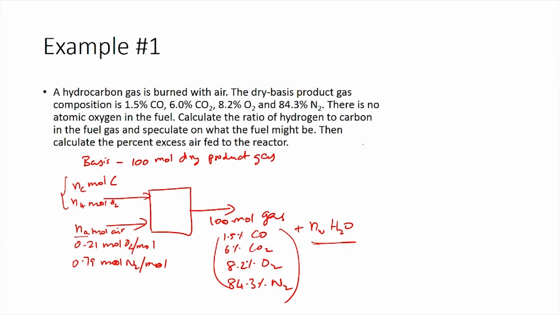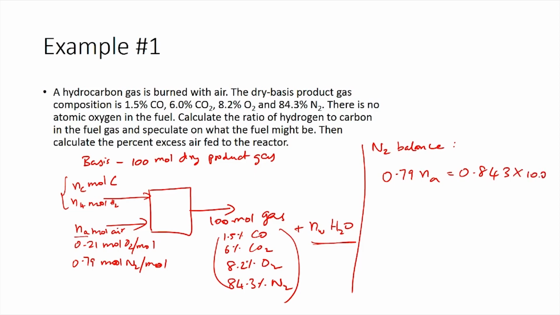The first simple balance equation we can write would be the nitrogen balance. When we write the nitrogen balance, it is 0.79 times Na, which is the number of moles of air, equal to 0.843 times 100.